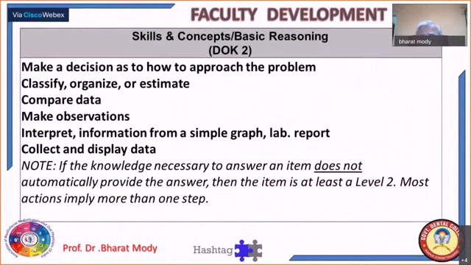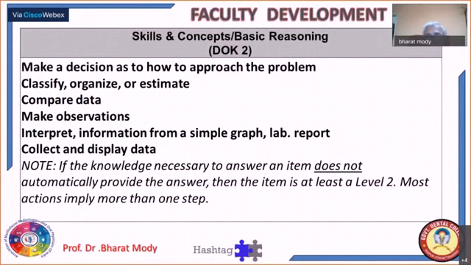So this is how we go for depth of 1. Depth of 2, that is DOK 2, is not direct. So there is some amount of thinking going behind it. For example, you are asking the student to do a pain on percussion test. When he does the percussion test, he has to evaluate that, right?